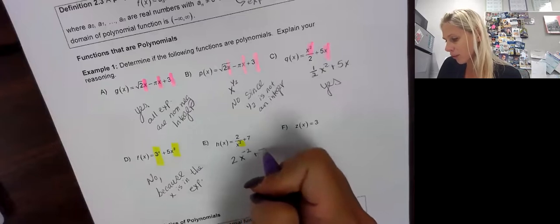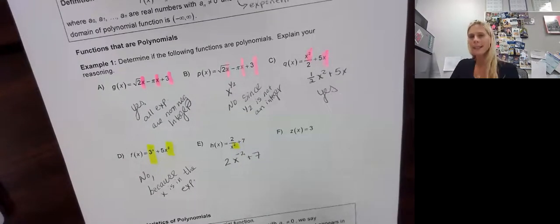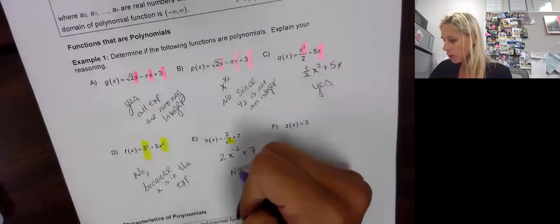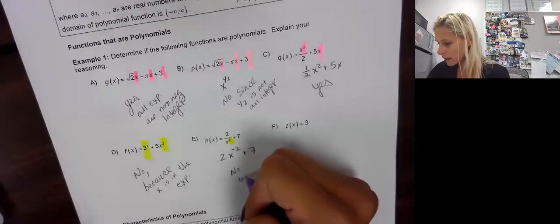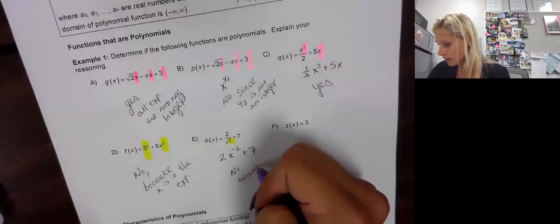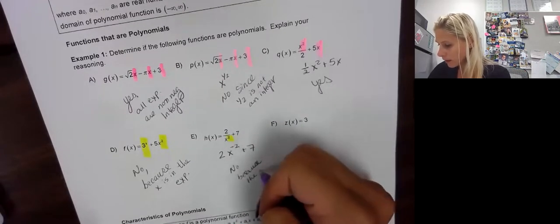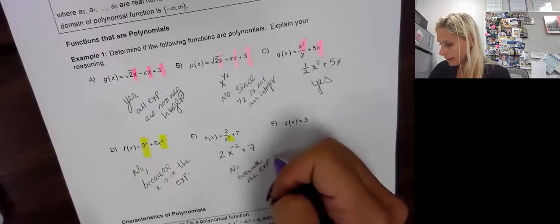Hopefully that sounds familiar. Happy and sad if you learned it that way. Now if we look at it, we can say no because, and of course I can't spell, the exponent is negative.